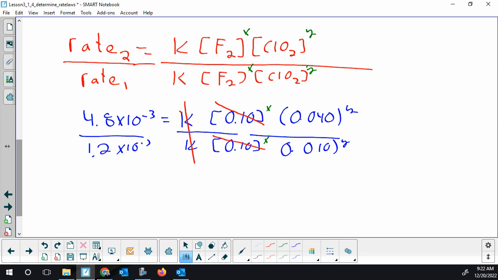And this leaves us just y as the only variable to solve for. So our ratio of our rates was 4 equals, I'm going to collect the powers, or our ratios. They're both to the power of y.